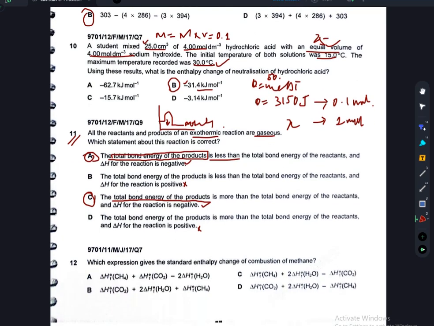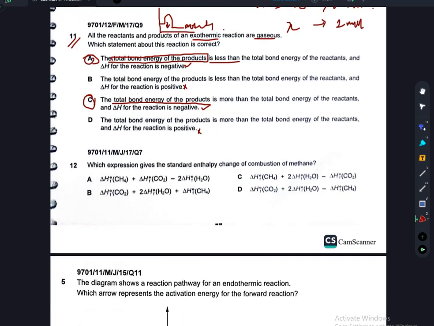Okay, now for question 12, again this is a Hess's law question. CH4 plus, okay, now which expression gives the standard enthalpy change of combustion of methane? So this is the methane's combustion. So I write C plus H2, as I had told in MCQ 1. This would give me CH4. Now both of these would yield CO2 and water upon combustion.